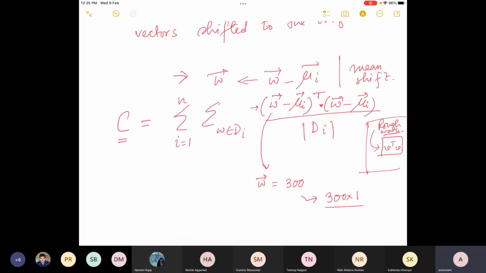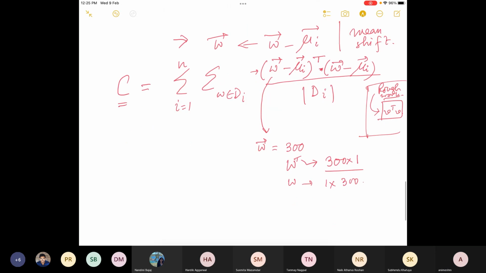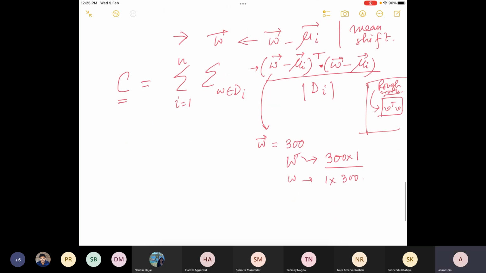You should be confident. W transpose is 300 cross 1 and W is 1 cross 300. Okay, with the mean shift, whatever. So the thing that is finally obtained is a 300 cross 300 matrix. And the nature of the matrix, this V transpose V, is nothing but the covariance matrix.